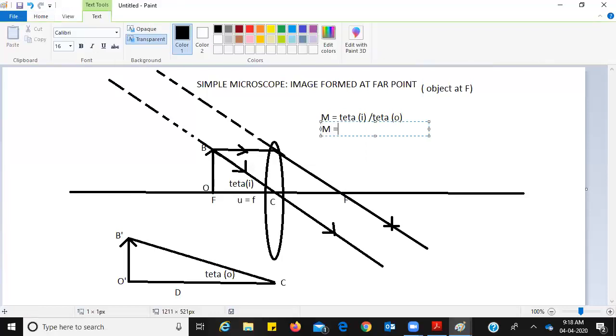Then M is what? Tan theta I by tan theta O. I divided by tan theta O. Check what comes.